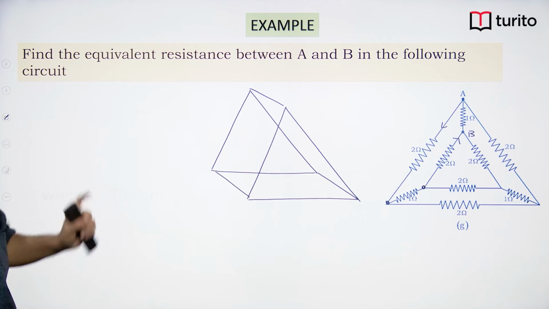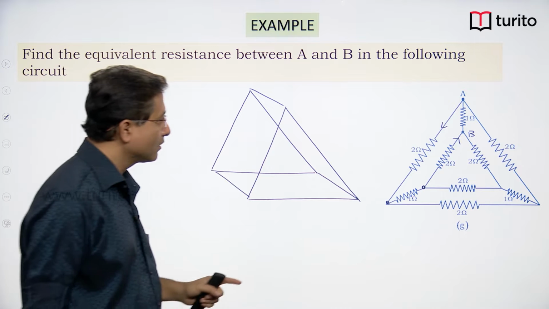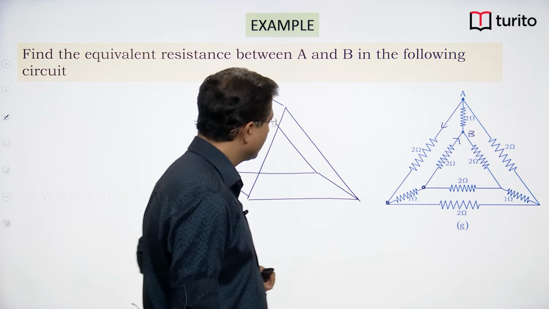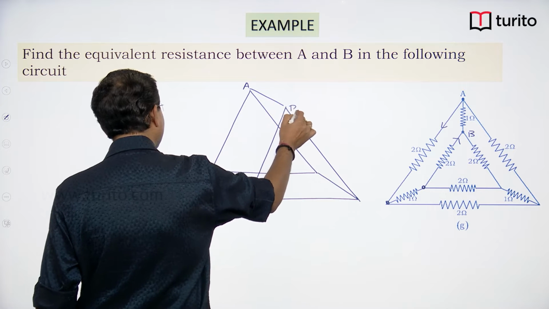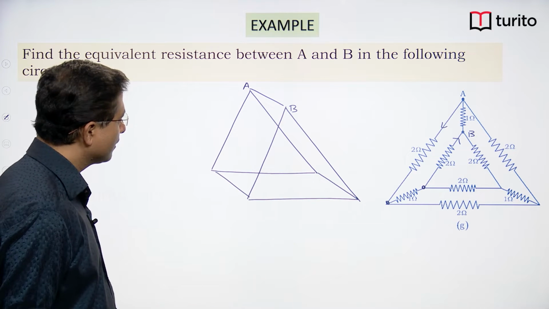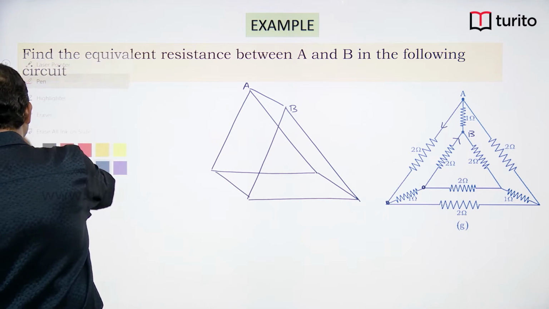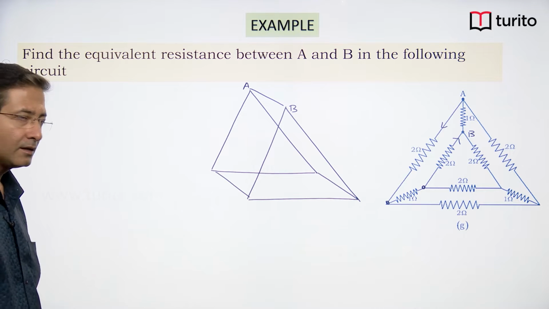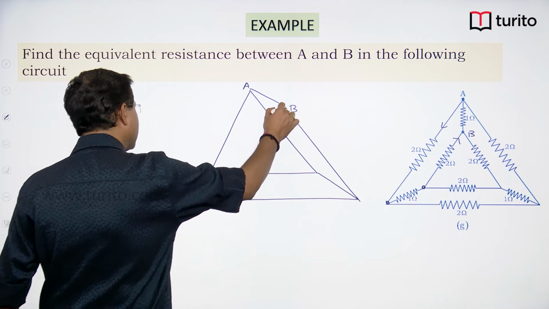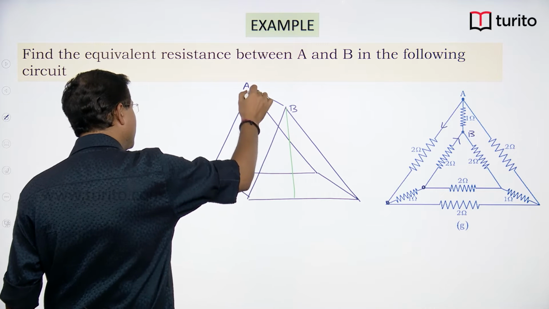All the wires are representing resistance of the given value. If I look at this circuit between A and B, I can see a plane of symmetry, the plane passing through AB and cutting this prism equally this way.